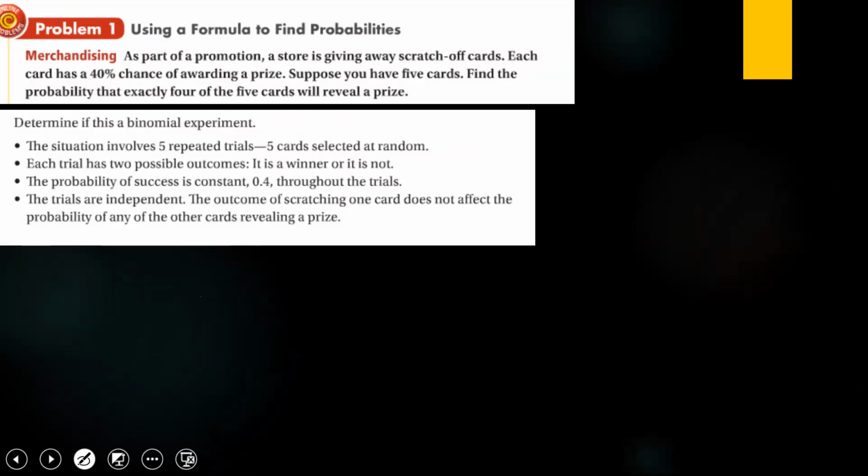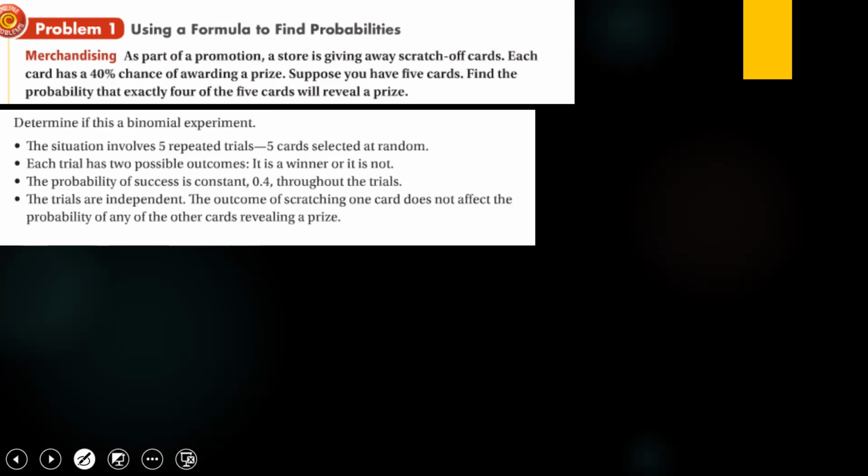Now, let's start here. Let's use a formula to find the probability. Let's have an example here. As a part of a promotion, a store is giving away scratch cards. Each card has a 40% chance of awarding a prize. So here we have a scratching card.